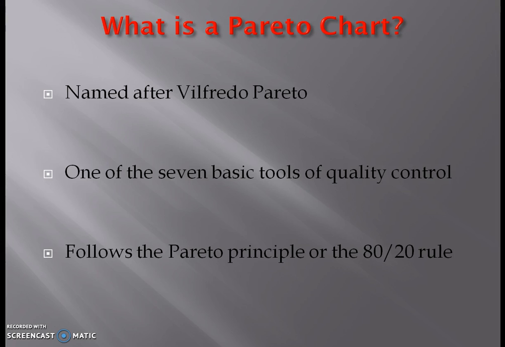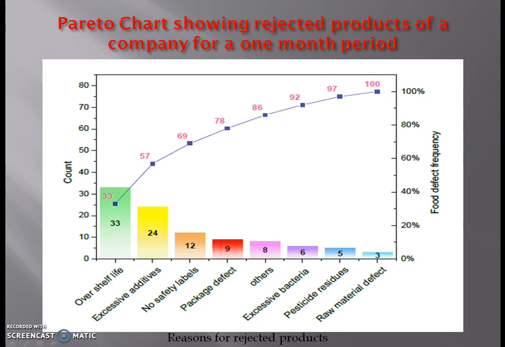So you may be wondering, what does a Pareto chart look like? Well, here's a typical example of a Pareto chart showing rejected products of a company for a 1-month period. As you can see, this chart is properly labeled with the left vertical axis, or the y-axis, representing the frequency or the count of the reason for the rejected product, which is here.